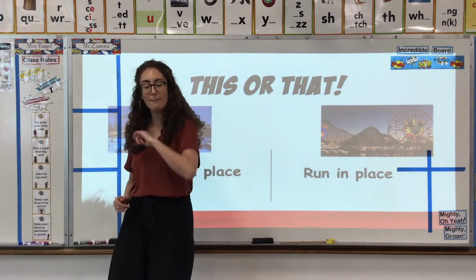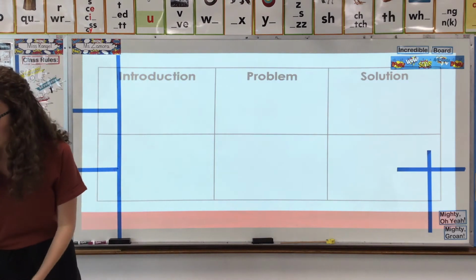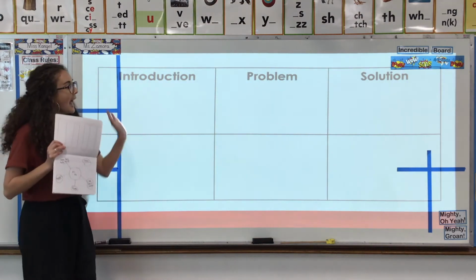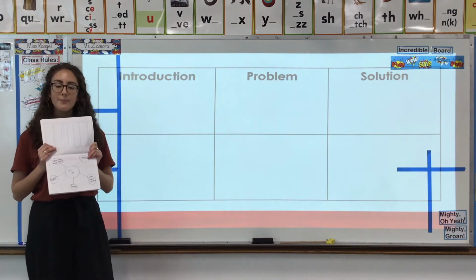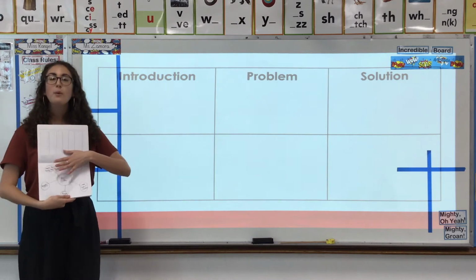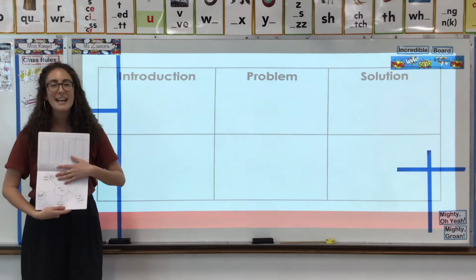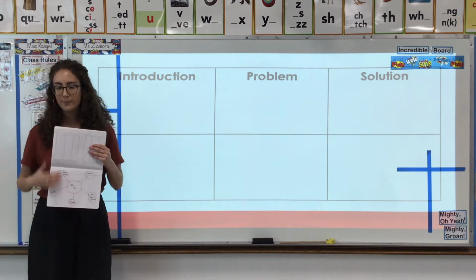So come on, sit back down, and I'm going to show you how I took my bubble map about my character and translated it into a story map. Okay, second grade. So as we know, my character is Mr. Mo. I'm going to create an entire story around my character of Mr. Mo.